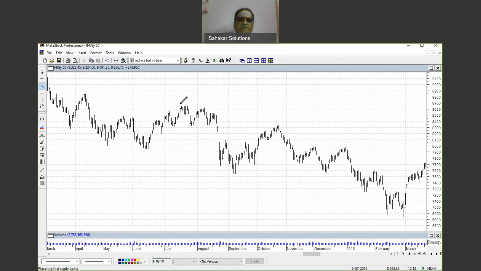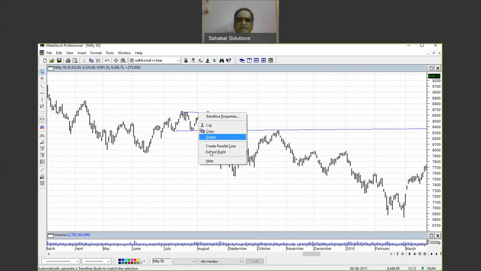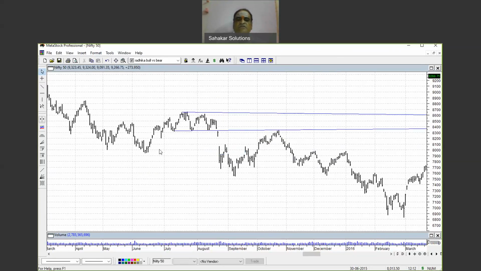Here you can see. Now the tops and bottoms are at the same level. So we wait till something happens. The price moves either side. Till then, it is not advisable to enter.